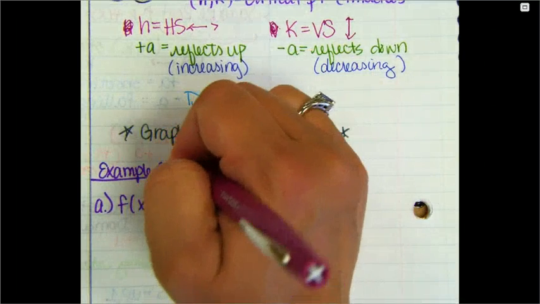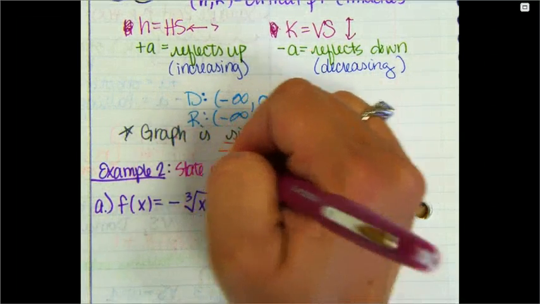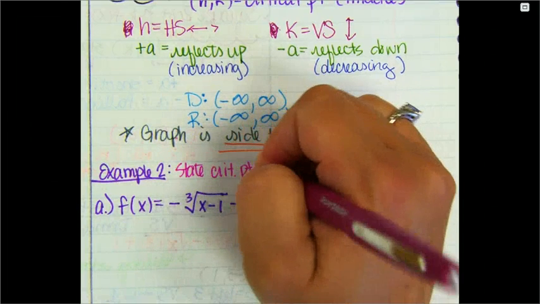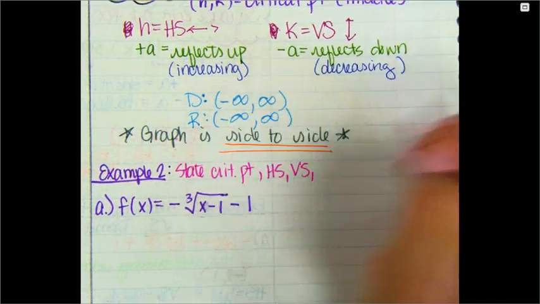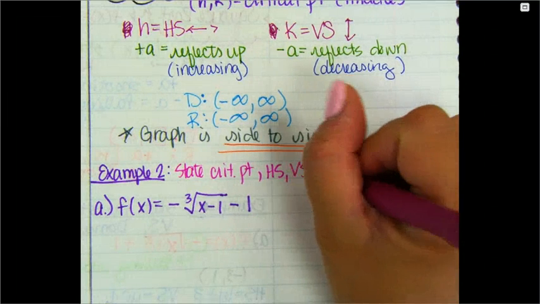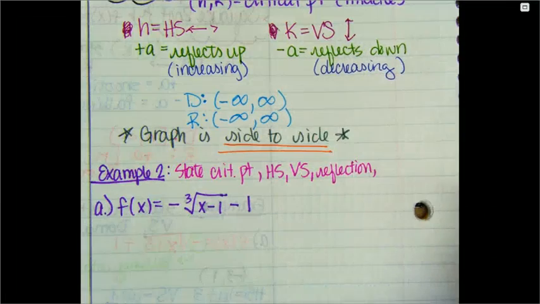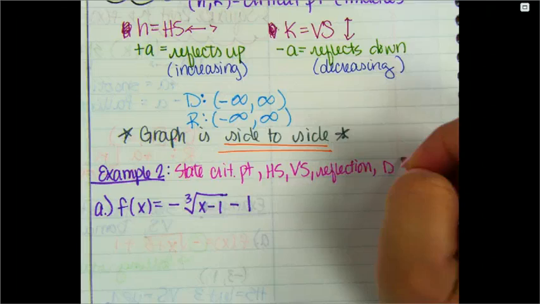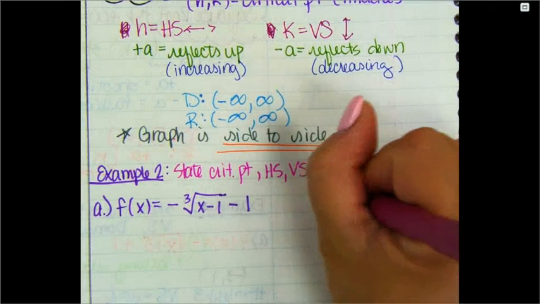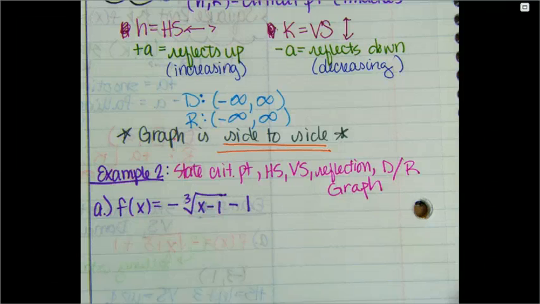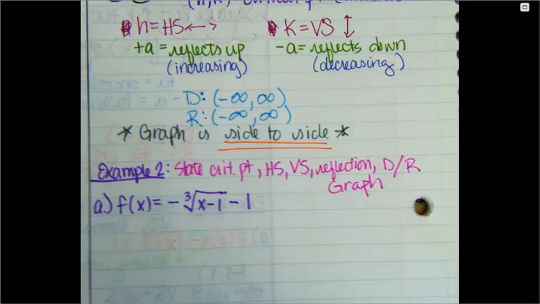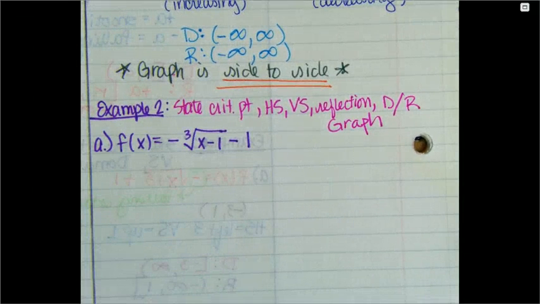Remember, you're going to state your critical point, your horizontal shift, your vertical shift, your reflection, which way it's going, your domain, and your range, and then graph it.